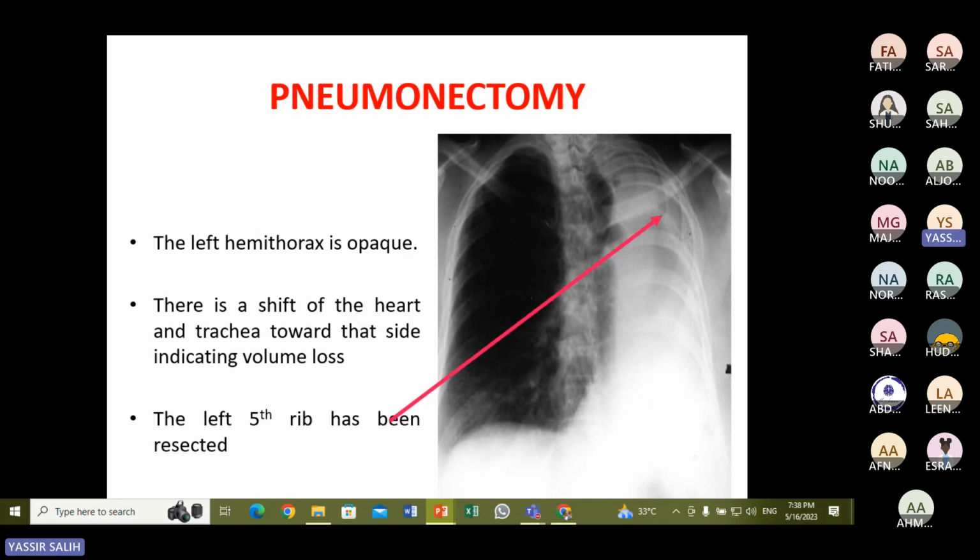Yes. How is the feature of this opacity? What are the manifestations of pleural effusion on chest X-ray, chest radiograph?